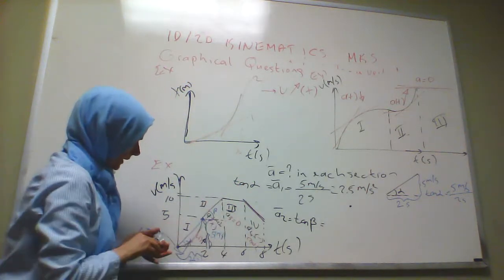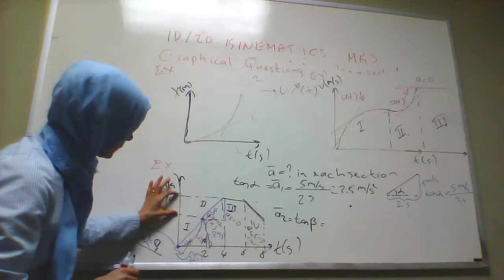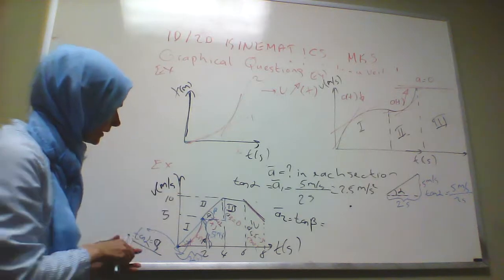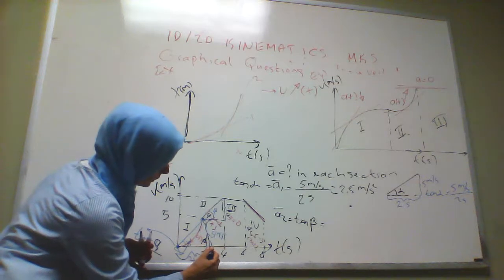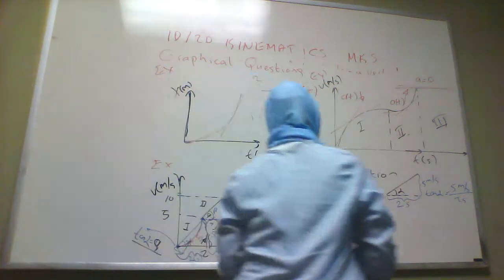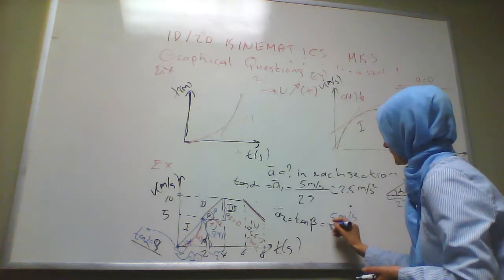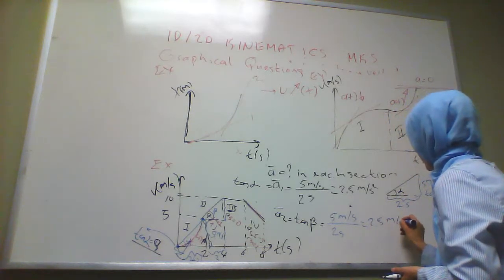And if I look at opposite again, what I have is the distance between 5 to 10 meters per second, so it's still 5 meters per second. And here, this distance is 2 to 4, so it's still 2 seconds. So we have the same actually. A2 is equal to still 5 meters per second divided by 2 seconds, 2.5 meters per second squared.